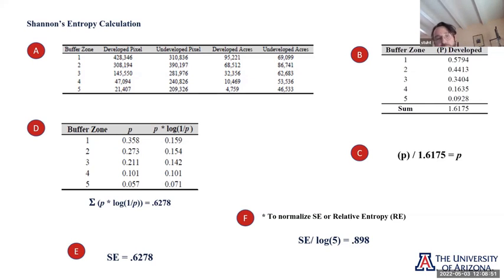To normalize SE to relative entropy, RE, on a scale of 0 to 1, 0 being max concentration and 1 being max dispersion, RE is the ratio between observed entropy of proportions and max possible entropy.